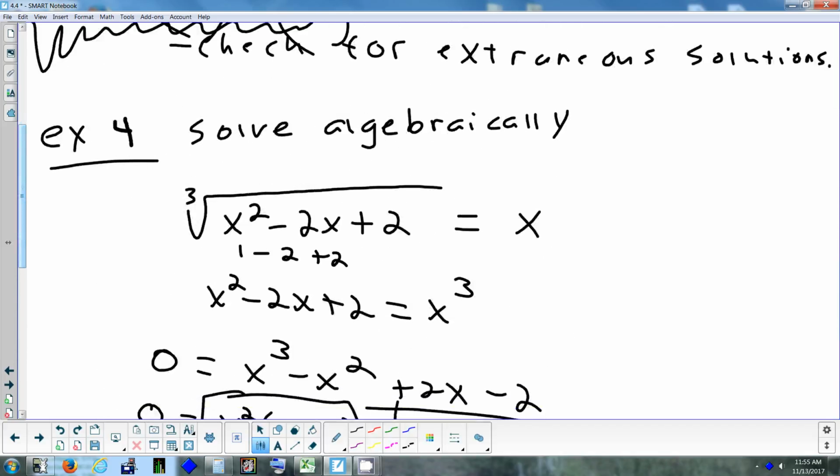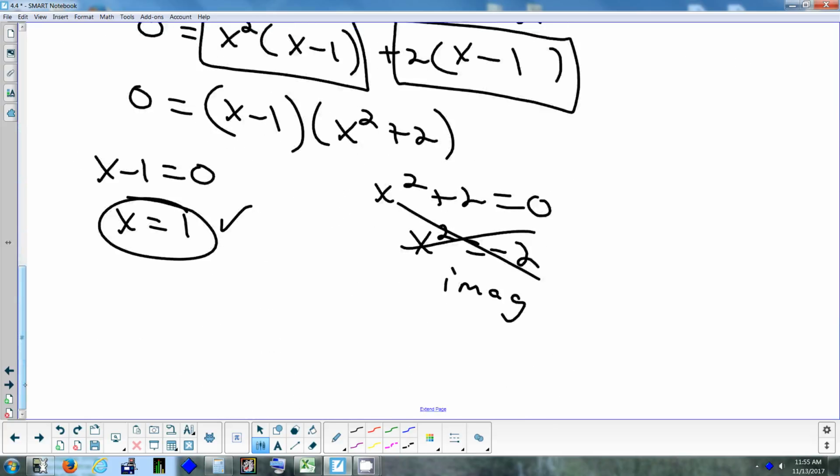What's 1 minus 2? Negative 1. Plus 2? 1. And what's the cube root of 1? 1. So we get 1 on the left. If we plug 1 in for x, we get 1 on the right. Do they match? Yep. So that answer works. So the answer is x equals 1.